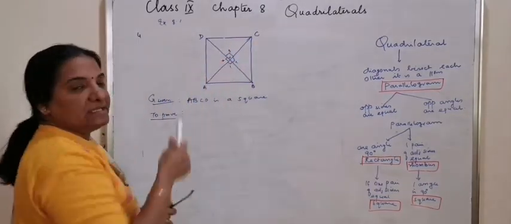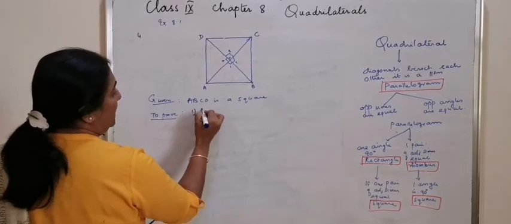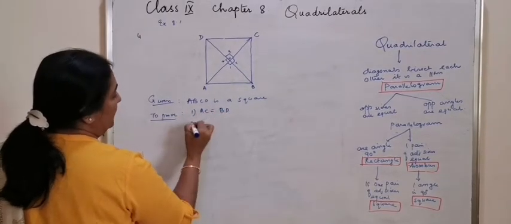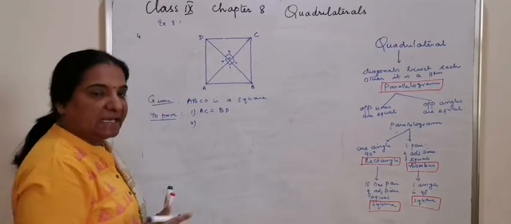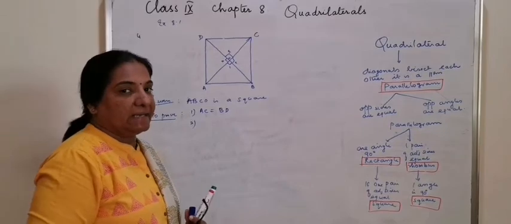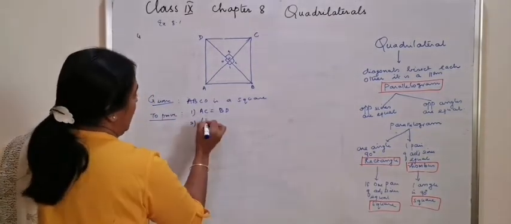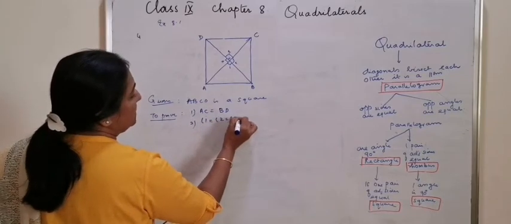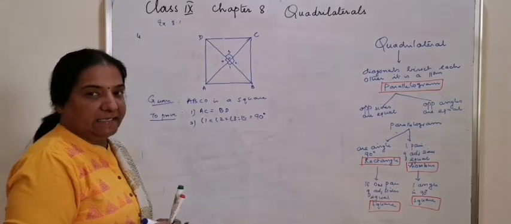Given ABCD is a square, what do we have to prove? Number 1, the diagonals are equal, and number 2, they bisect each other at right angles. We know that a square is a parallelogram, hence the diagonals bisect each other. What we have to prove extra is that angle 1 is equal to angle 2 is equal to angle 3 is equal to angle 4 equal to 90 degrees.